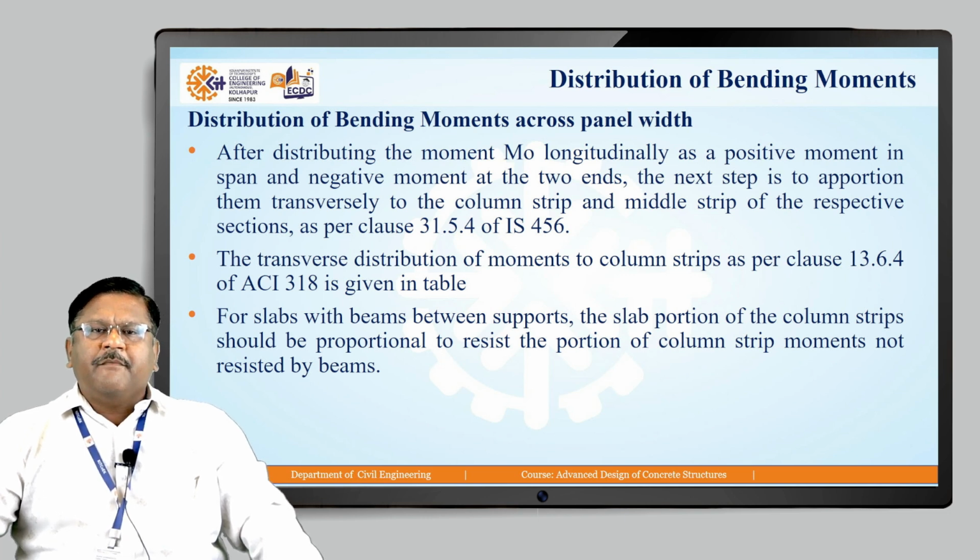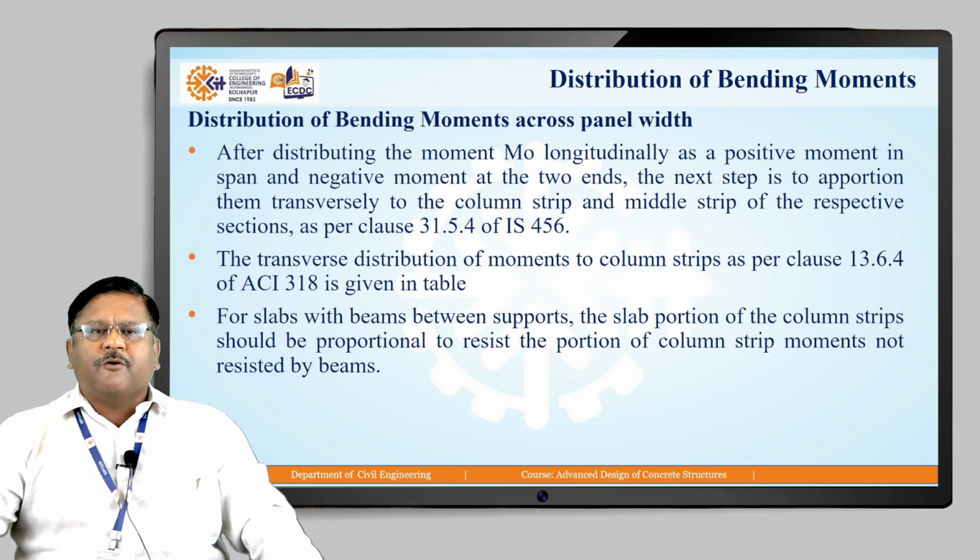For the slab with beams between supports, the slab portion of the column strip should be proportioned to resist the portion of column strip moment not resisted by the beam. Means we are eliminating the structural element beam.